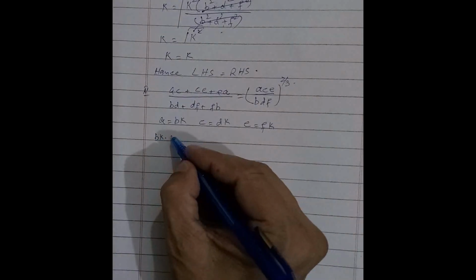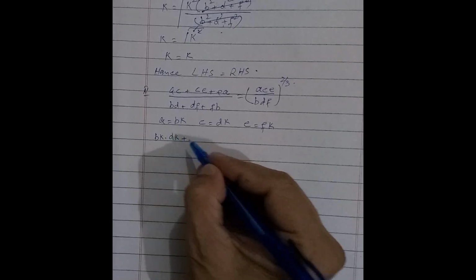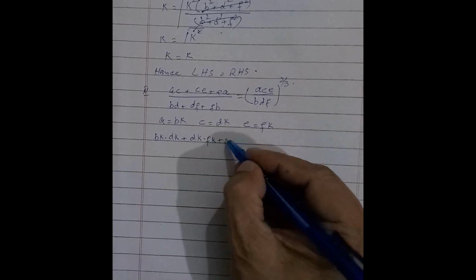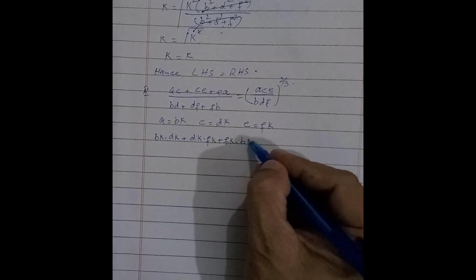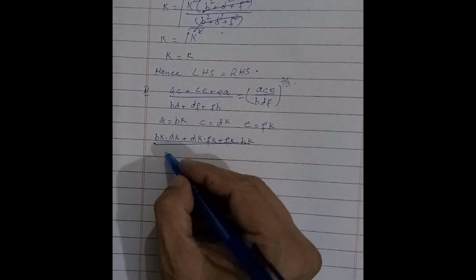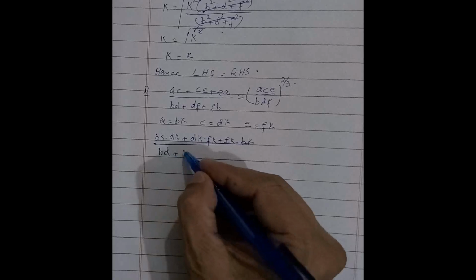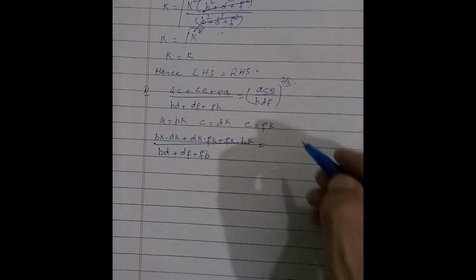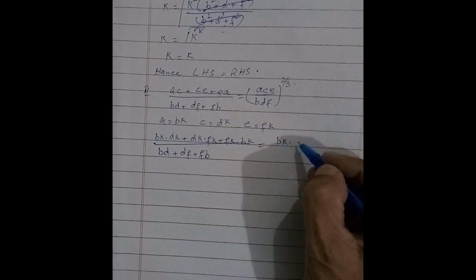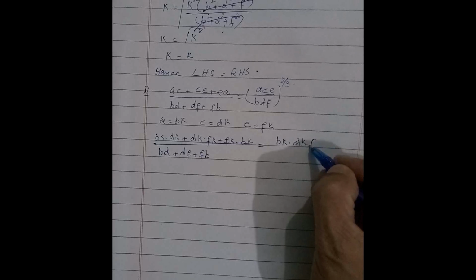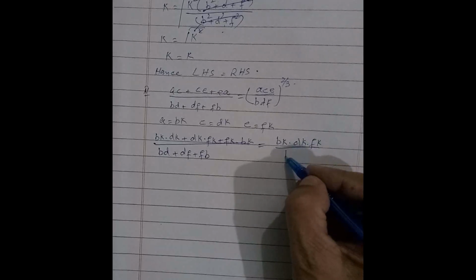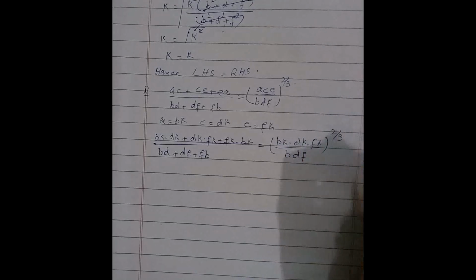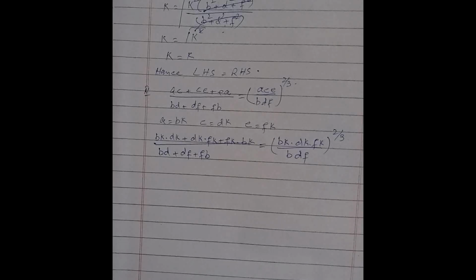BK into DK plus DK into FK plus FK into BK over BD plus DF plus FB is equal to (BK into DK into FK over BDF) whole power 2 over 3. Now simplify these values.